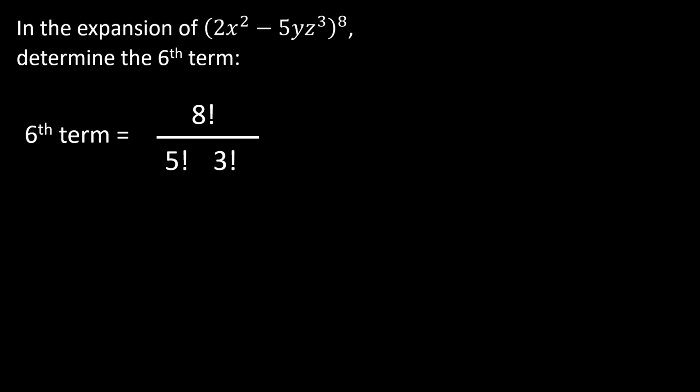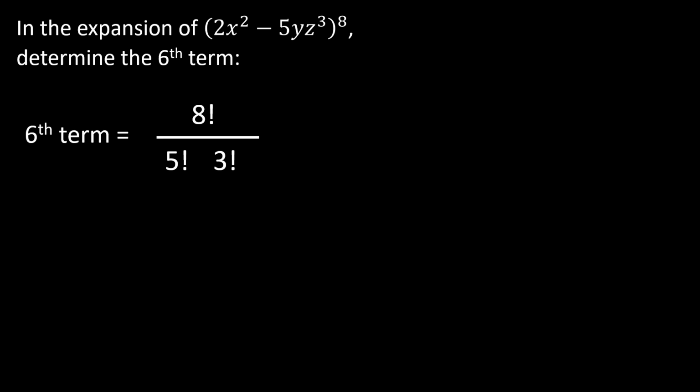Then what would be our next procedure? Our next procedure is multiplying 8 factorial all over 5 factorial, 3 factorial to the first term and the last term of our given binomial.